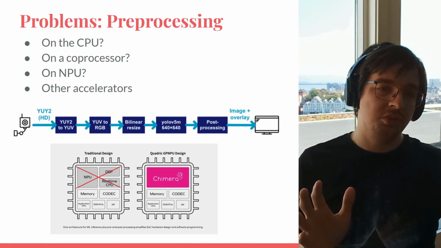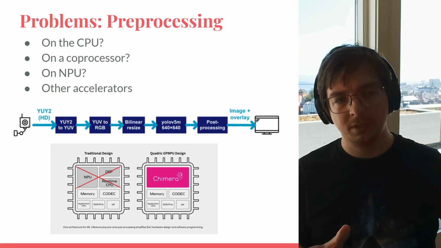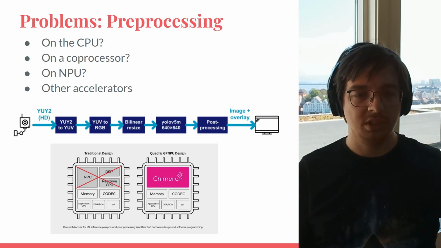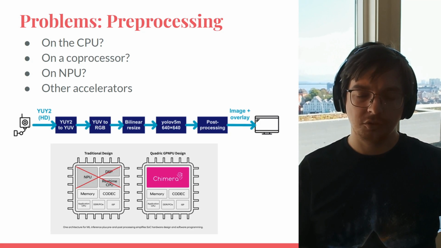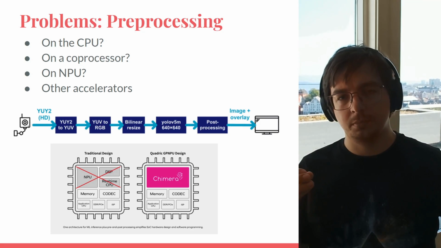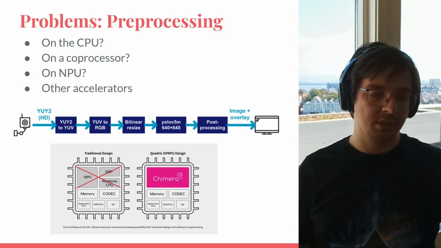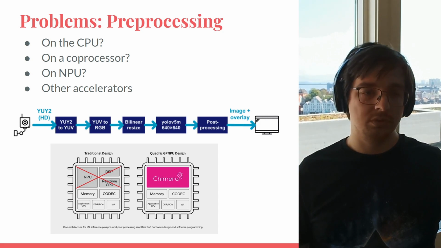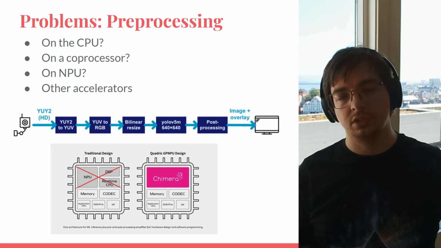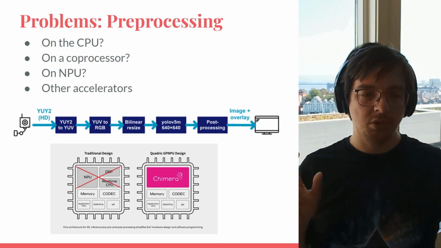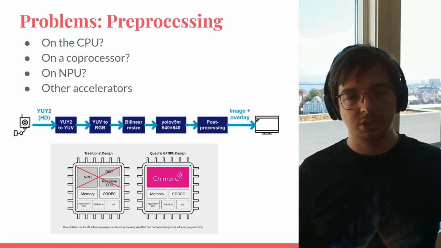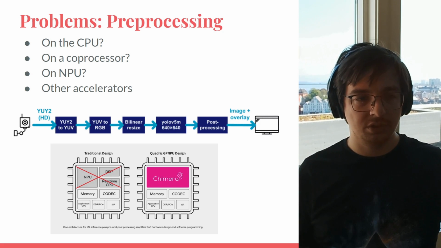The next issue, not a big problem but still an issue, is preprocessing. For some vendors, you need to put your preprocessing directly on your device. For some vendors, there is a separate processor that performs, for example, decoding of your videos and normalization of them.